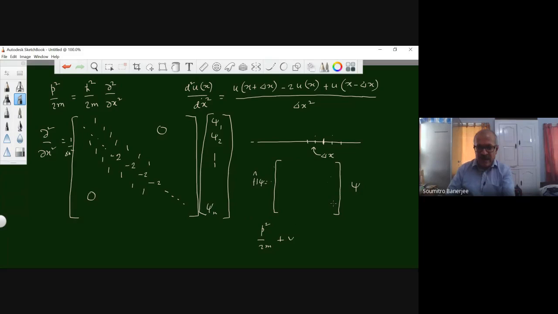Okay. Now, if you have written the Hamiltonian as a square matrix, you know that in the time-independent Schrodinger equation, the eigenvalues of the Hamiltonian operator are the energy values that you can observe. And if you have a square matrix, you can easily obtain its eigenvalues.